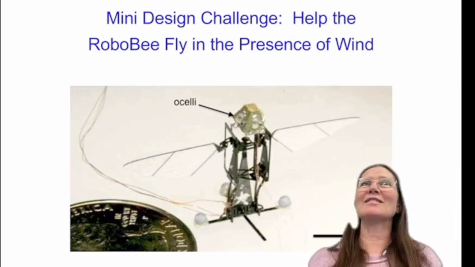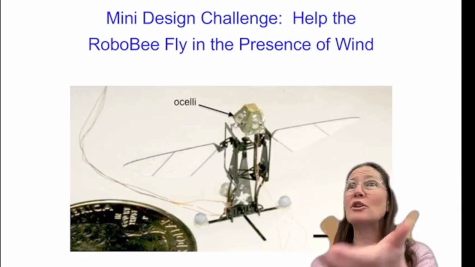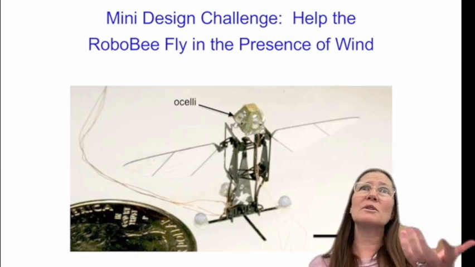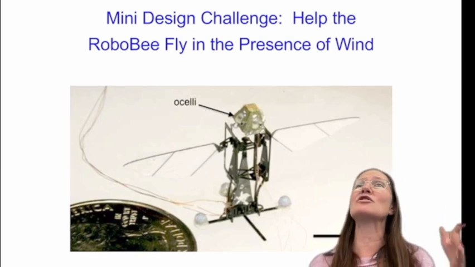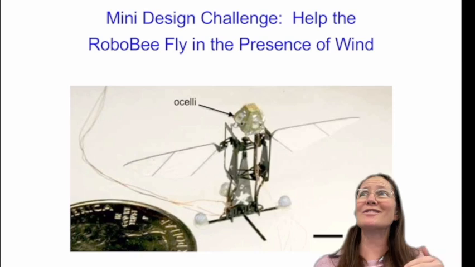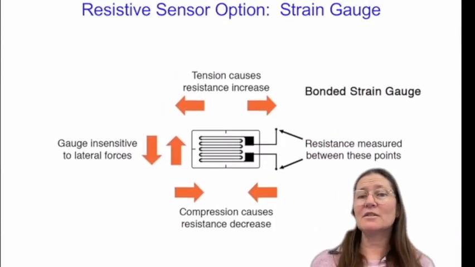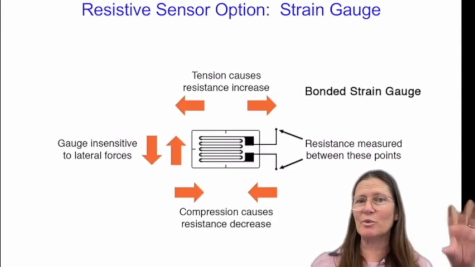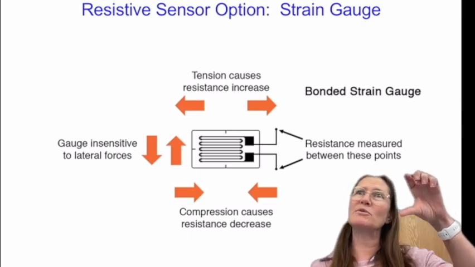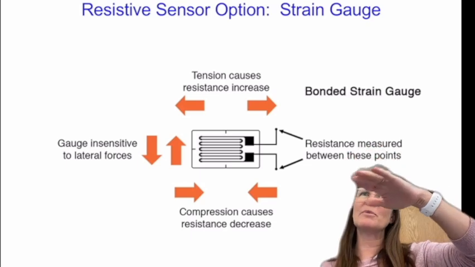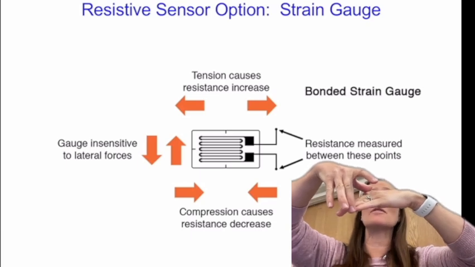So we can't interpret sensation. If we were going to do this, a change in pressure could be something, or as I went through last time with the different sensors, there needs to be a change of something. And so this gets us to a different type of sensor called a strain gauge, where resistances are measured between them. As you deform something, it will detect the difference and give you a resistance value difference.